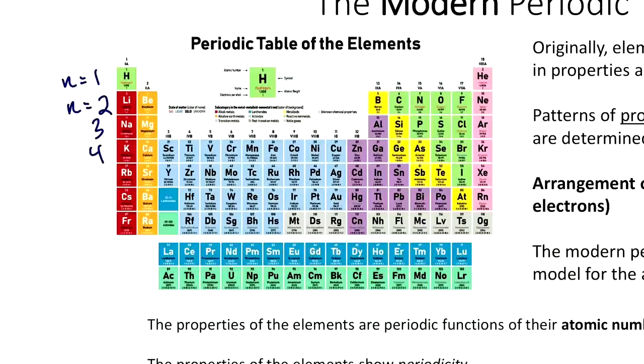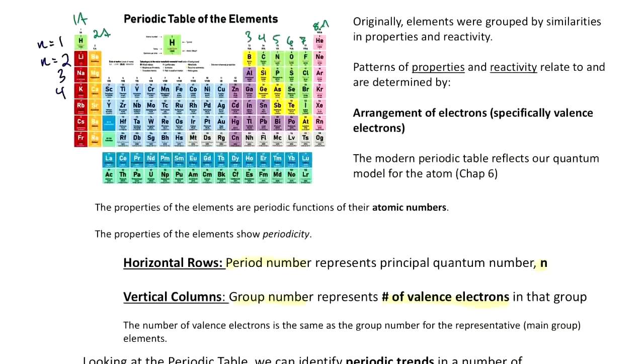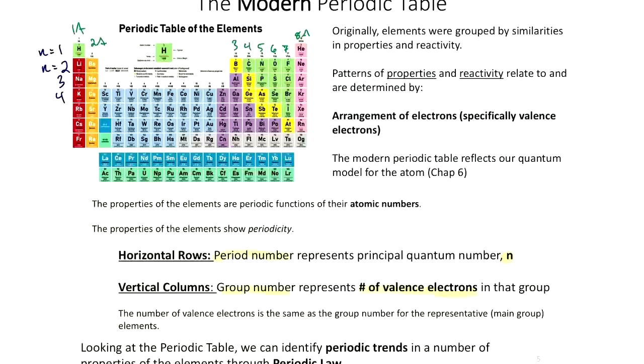And then finally, the numbers that we give each group. So we know that lithium is group 1A, beryllium starts group 2A, go over to boron 3, 4, 5, 6, 7, 8A, all of those things. So those group numbers also represent the number of valence electrons for those specific elements.